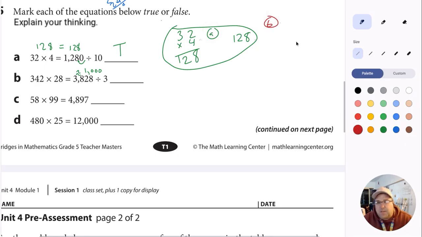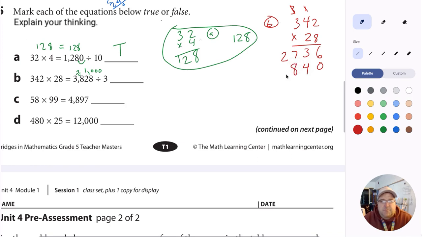B, let's see. If I do the 342 times 28, 8 times 2 is 16. Let's see, 32, 33. And then 24, 25, 26, 27. Okay, I have to place my 0. 2 times 2 is 4. 2 times 4 is 8.